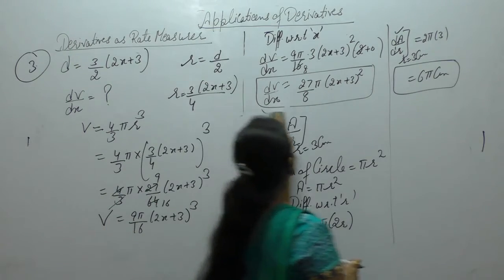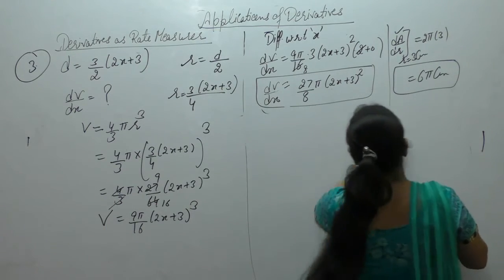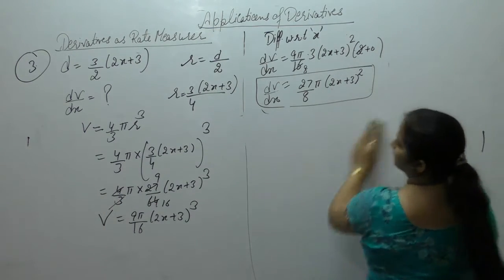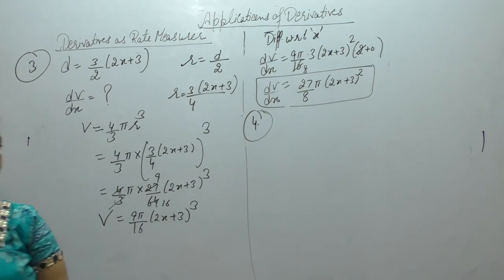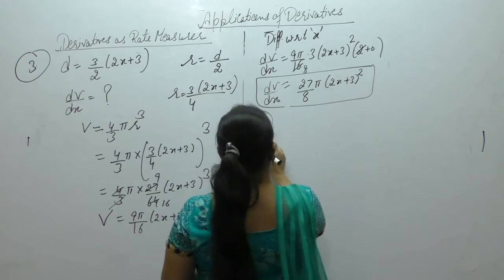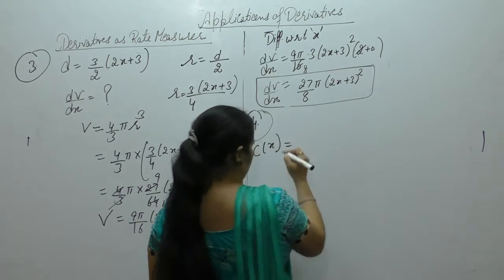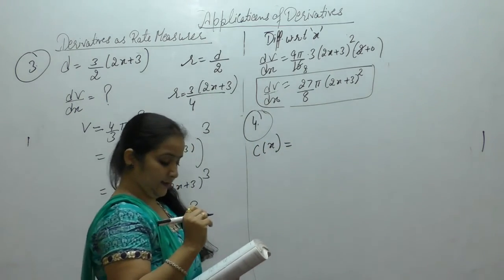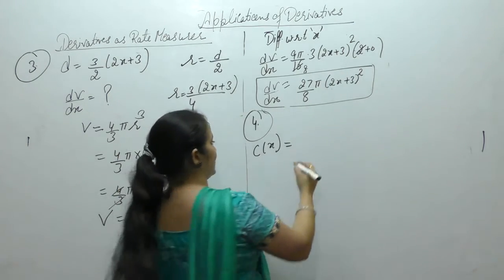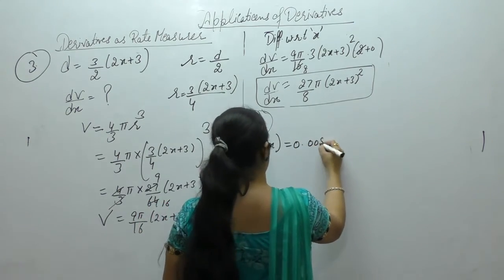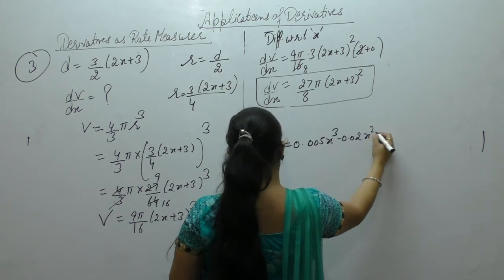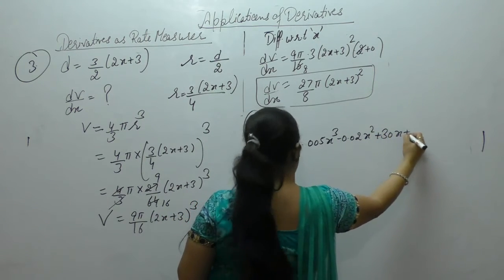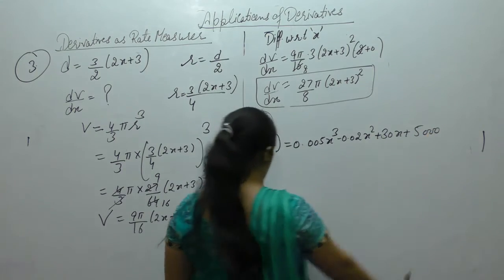Now the next one is question number 4. The total cost C(x) associated with the production of x units of an item is given as 0.005 x cube minus 0.02 x square plus 30x plus 5000.